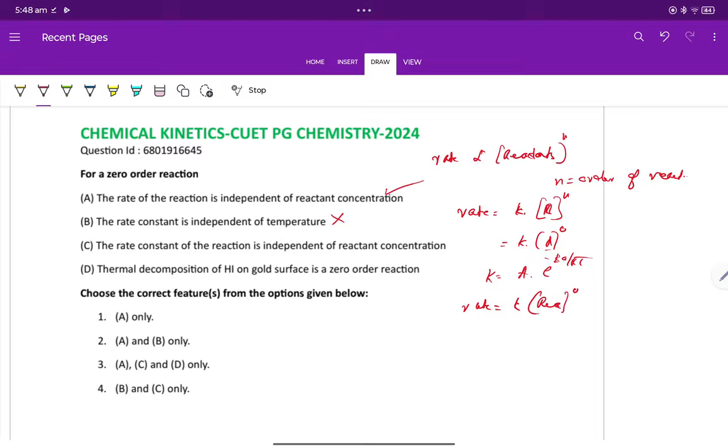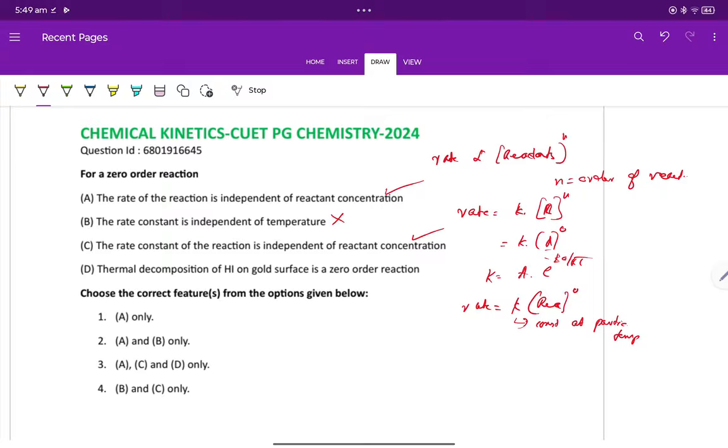And if you are making any change in the concentration, immediately the rate will be changed, keeping the K always a constant at a particular temperature. So K will be constant at a particular temperature, meaning to say K varies only with temperature. So rate constant is independent of the concentration. That is also a correct statement.